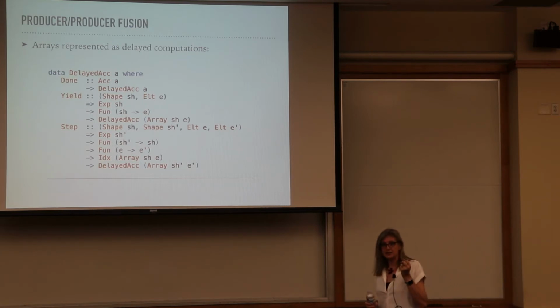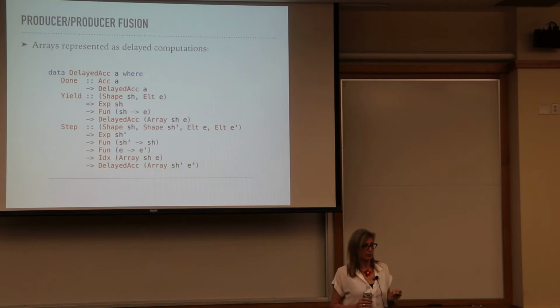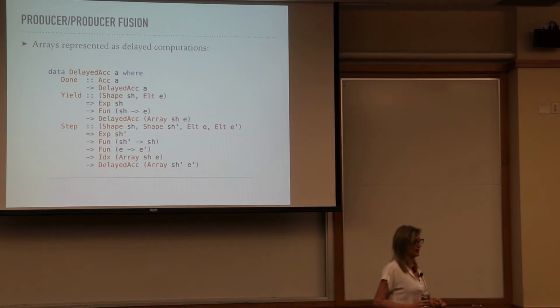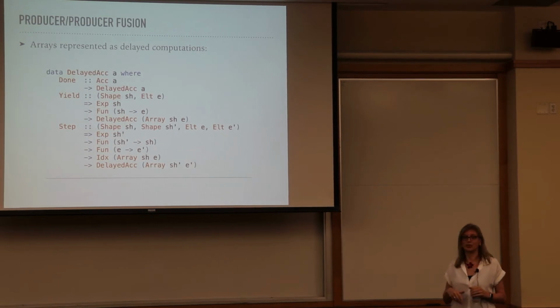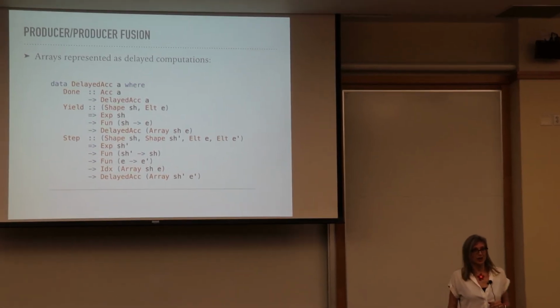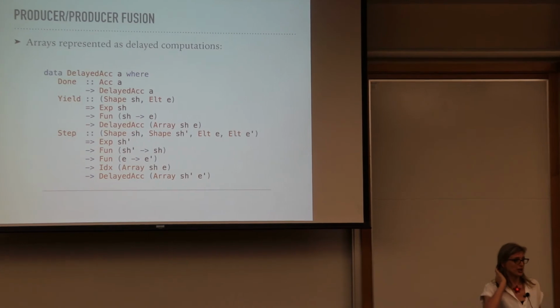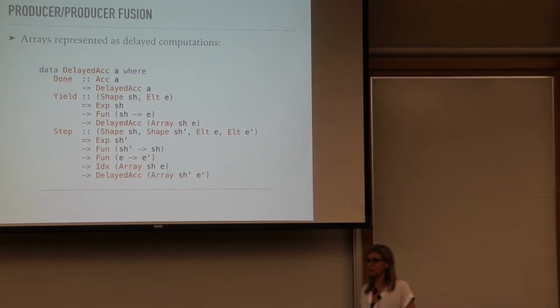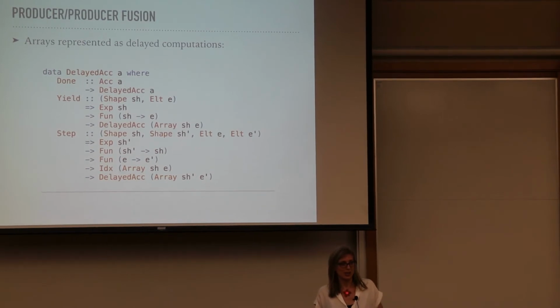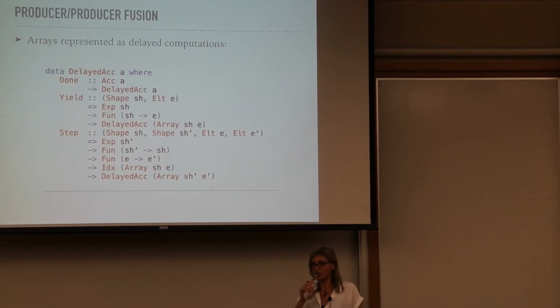our arrays are not represented by default as manifest arrays. What we represent them as are so-called delayed arrays. So we remember what the shape of this array should be, and we remember how, given that shape, we can compute the array if someone actually needs it.